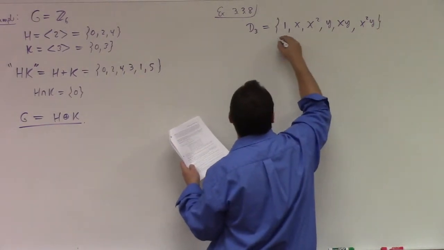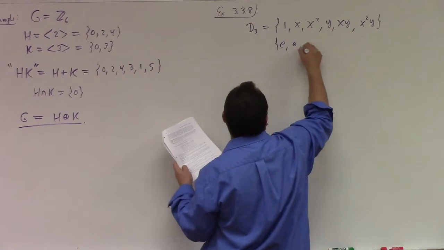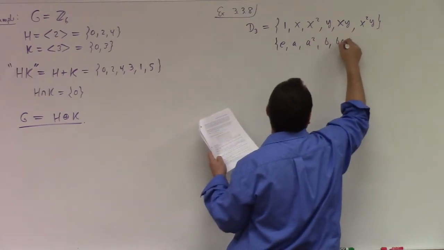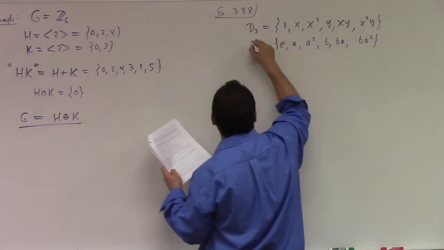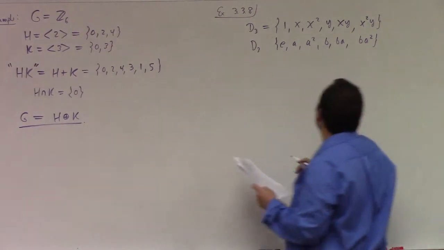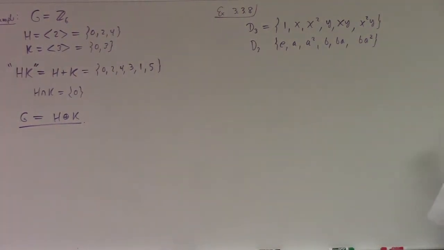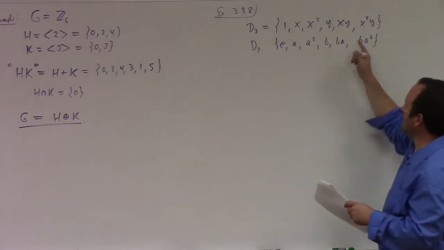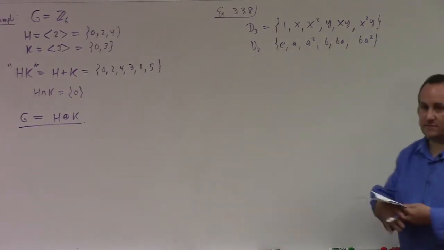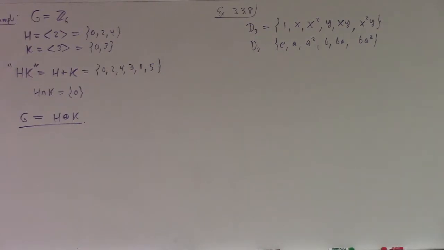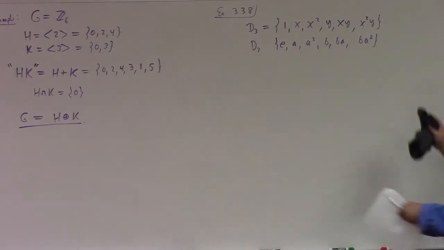We've been writing what? e, a squared, b, ba, ba squared, yeah? So that's our D3. These are equivalent. In some sense, it's got these two things flipped over in the ordering. All right. Anyway, I'm going to stick with the x, y notation so as to confuse you.